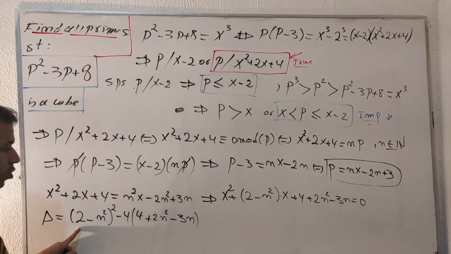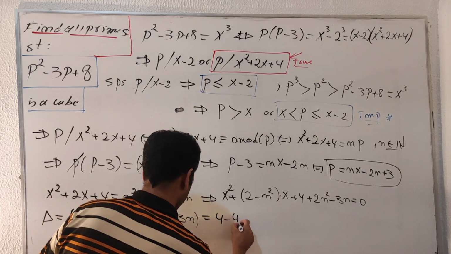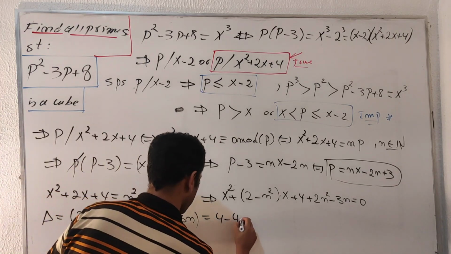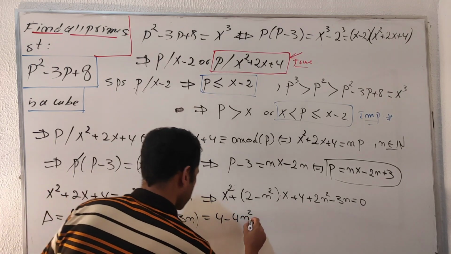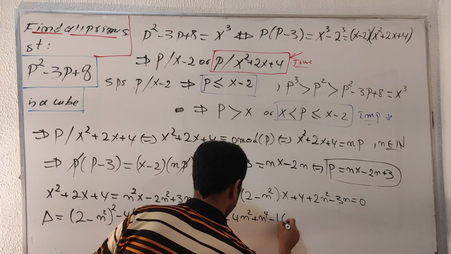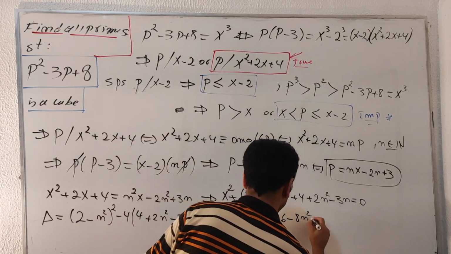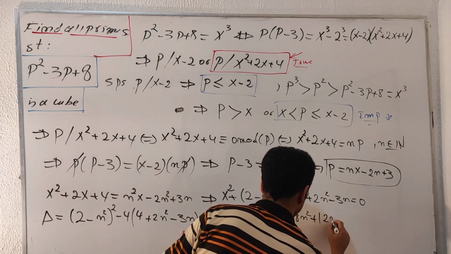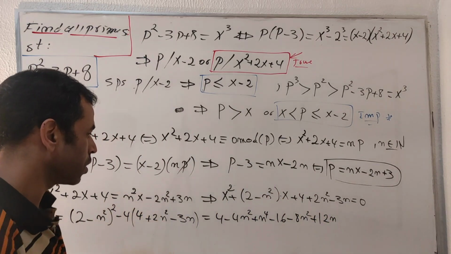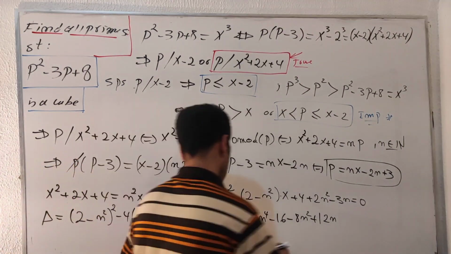Let's simplify this one a little bit. I get 4 minus 4n squared plus n to the 4th minus 16 minus 8n squared plus 12n. Let's simplify this one more.